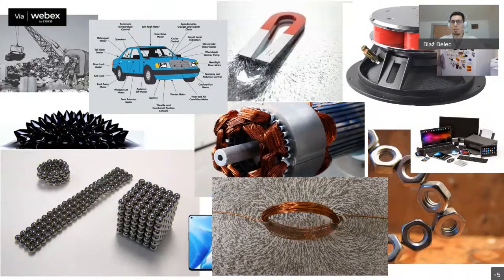So magnetic materials, we can find almost everywhere. It's the most common material in the world, probably where we are sitting now in our offices or lecture rooms. All around us, we will find a few kilos of magnets.